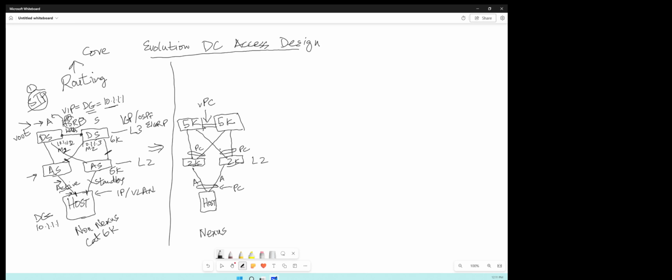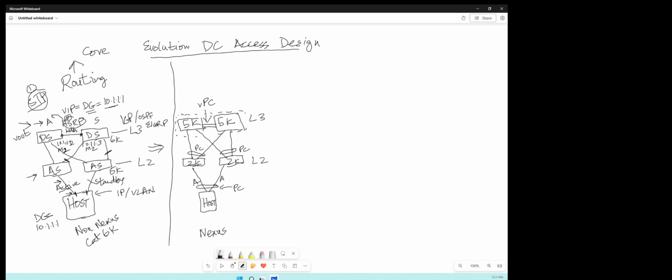What is that? Basically it gives the L2 switch the ability to look at the L3 switch as one switch. So virtually this guy is having a port channel to logically one switch.